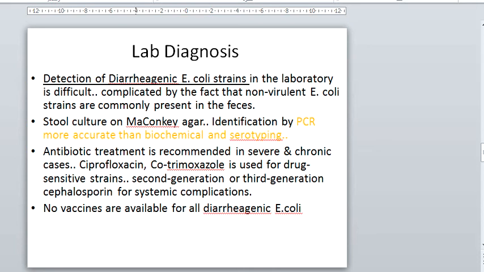Stool culture on MacConkey agar and identification by PCR are more accurate than biochemical tests and serotyping. No vaccines are available for diarrheagenic Escherichia coli.